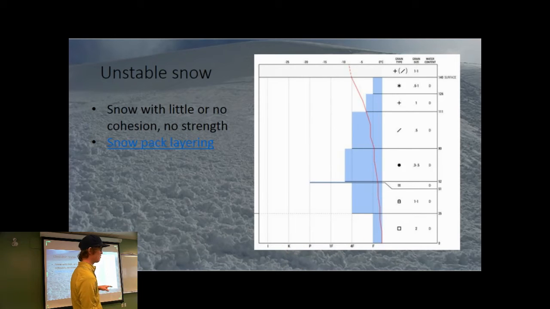If I can put in my finger easily, it's 1 finger snow. So when I look at that profile, I see that we have top to bottom, increasing resistance, it's harder snow, and then we get here at the bottom into less resistant snow, which is an indicator that it probably doesn't have much strength or much cohesion.